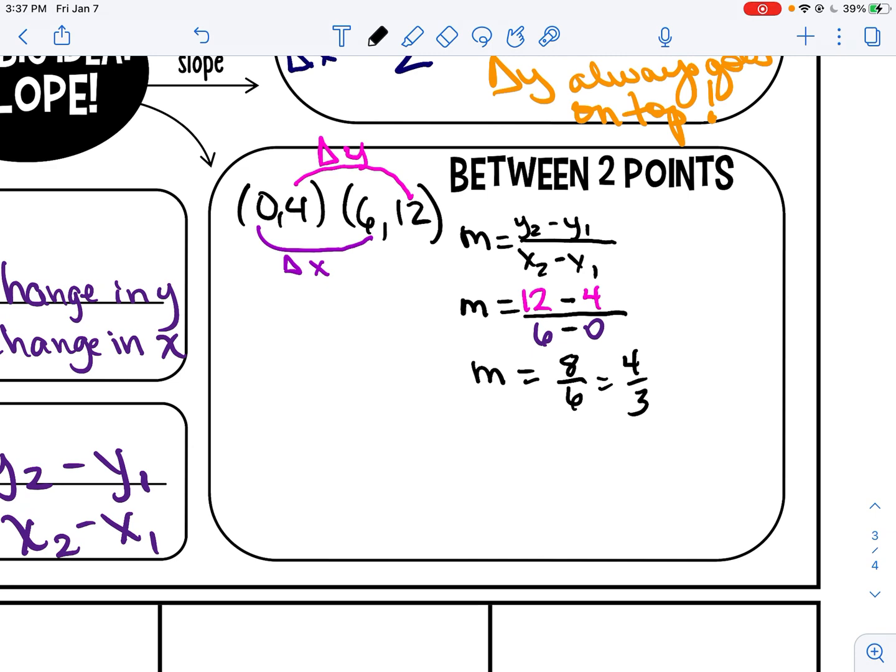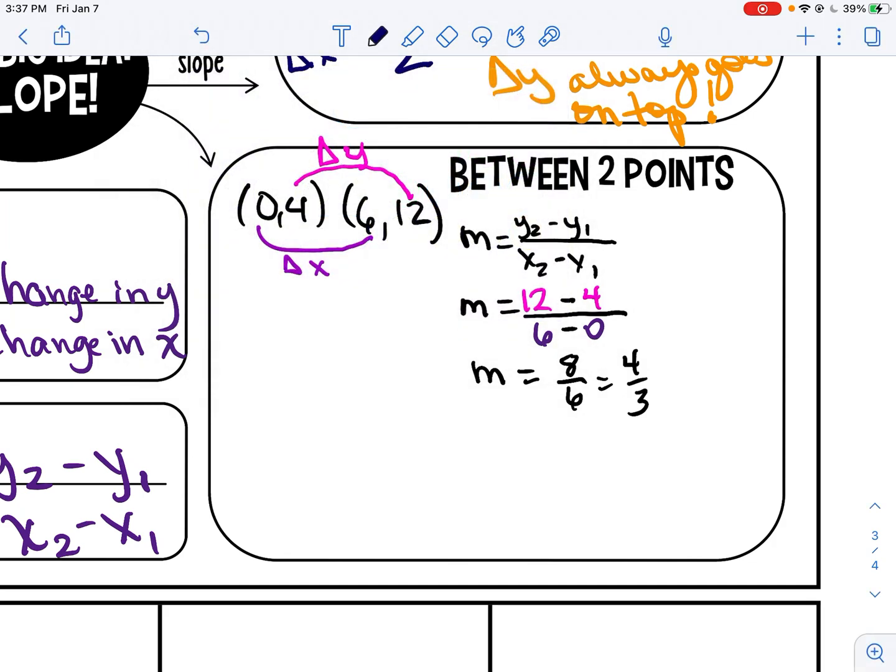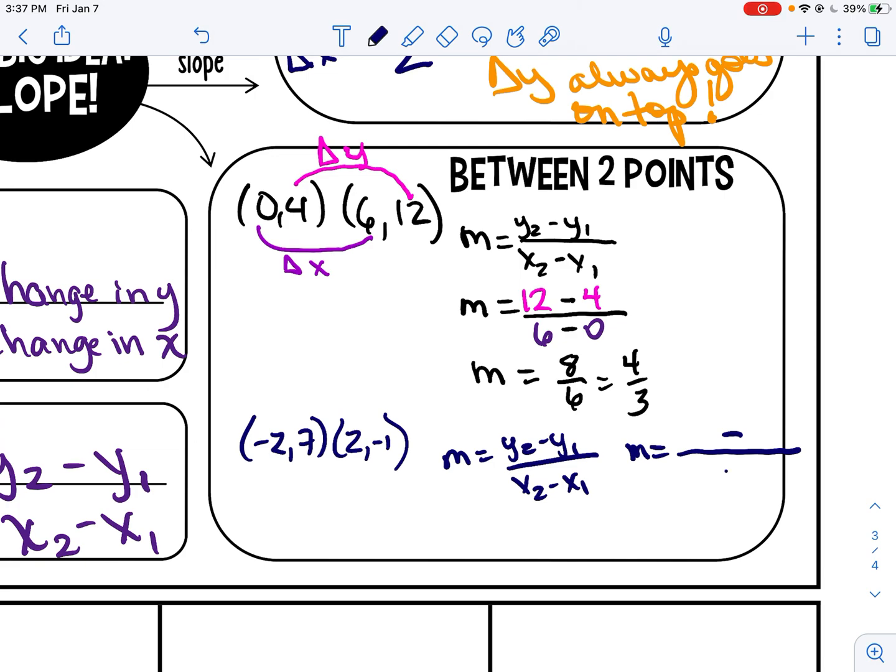Now, let's pick another point. I'm going to use blue. What if I had the point -2, 7, and the point 2, -1? I do the same thing. I'm still doing y2 minus y1 over x2 minus x1. I don't have as much space, so I'm going to write it over here. Okay, I still have subtraction signs. My y values are here, so this is my change in y.